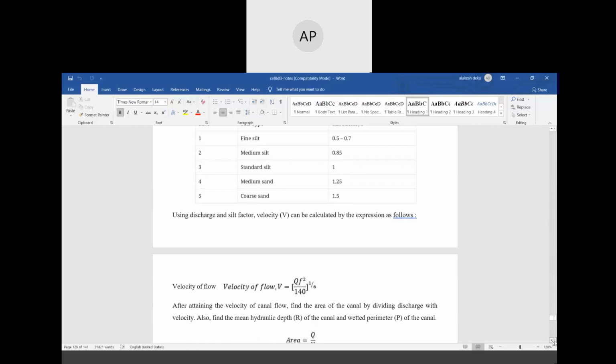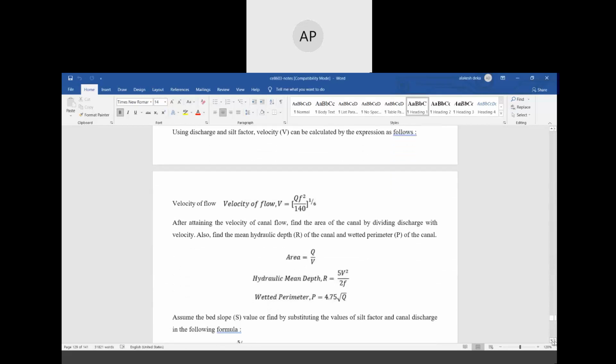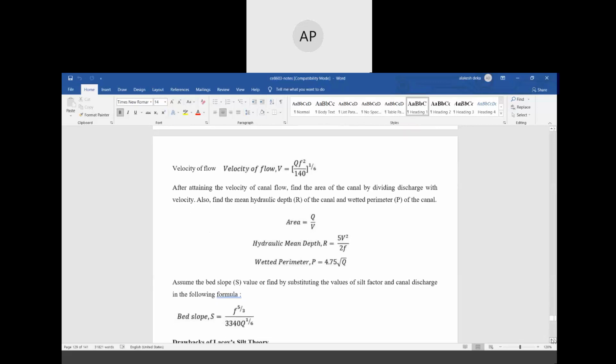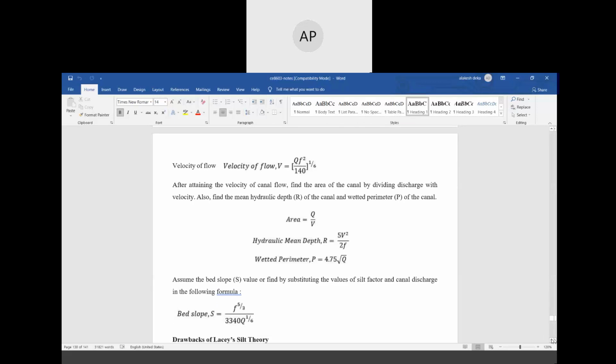The velocity is calculated using V equal to (Qf squared divided by 140) whole to the power of 1 by 6. The area we find from Q by V. Hydraulic mean depth R equal to 5 by 2 V square by f, and wetted perimeter P equal to 4.75 root over Q. And the bed slope using this formula.